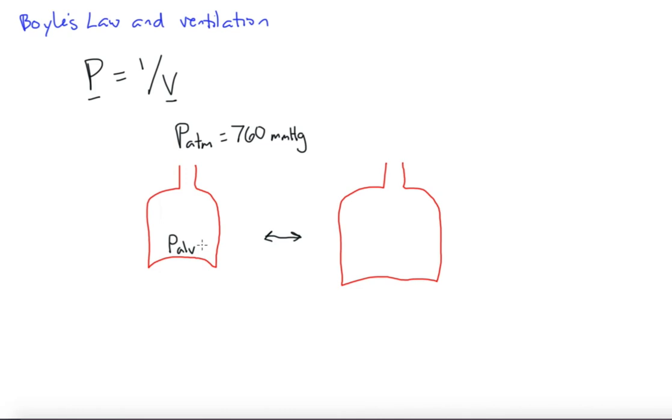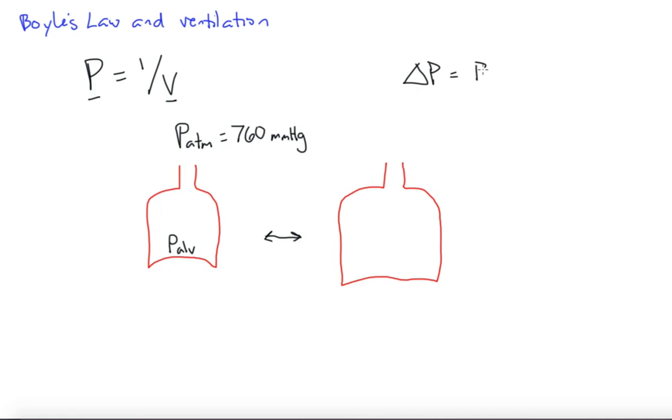Okay, and so the relationship between these two pressures is going to determine whether or not air will move, because what moves fluids, what moves gases, is a pressure gradient, right? So we need a delta P. That's a pressure gradient, delta meaning the change in or the difference in.